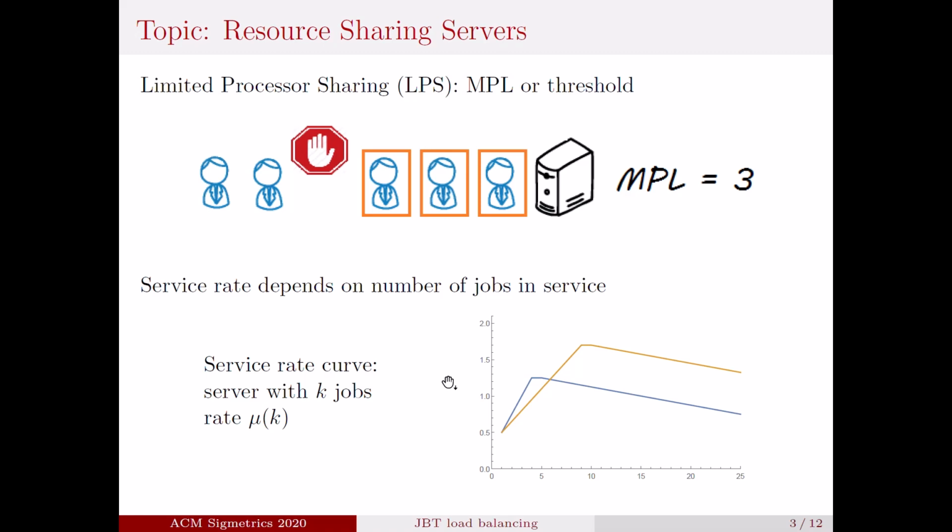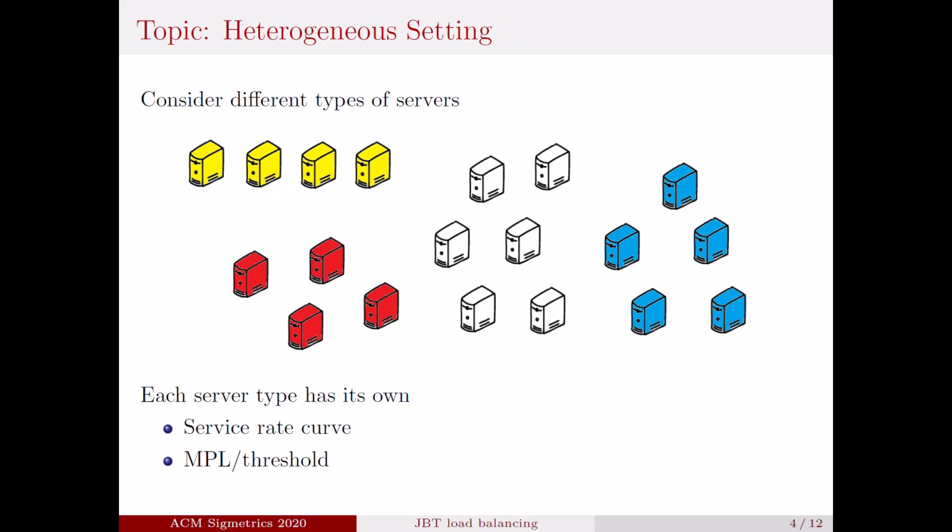But if you allow too many jobs in the server at the same time, then you will lose some of the server capacity due to thrashing, process switches, and so on. Now we are going to look at the load balancing problem where we distribute jobs among resource sharing servers in a heterogeneous setting. So we're going to assume that we have different types of servers, and each server type has its own service rate curve and has its own MPL or threshold value.